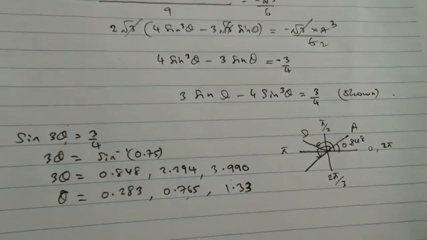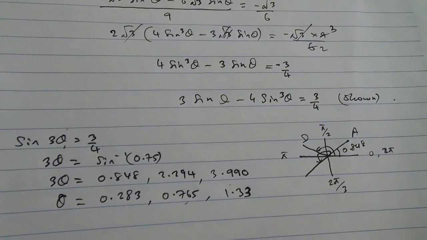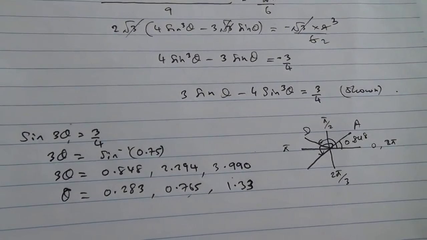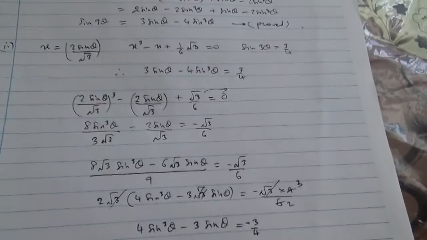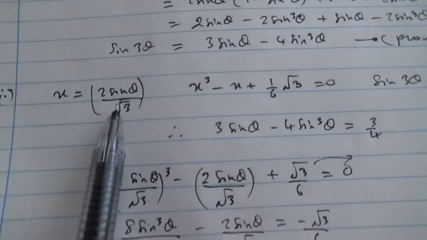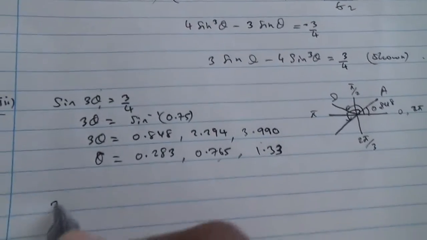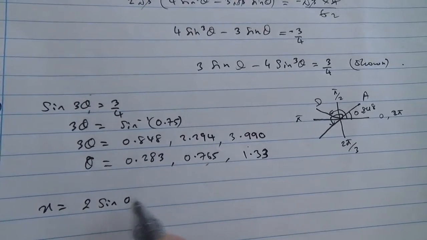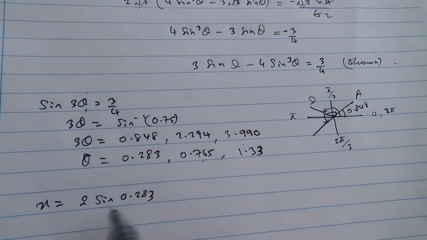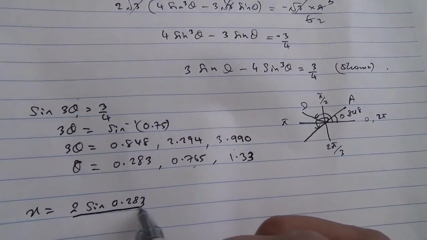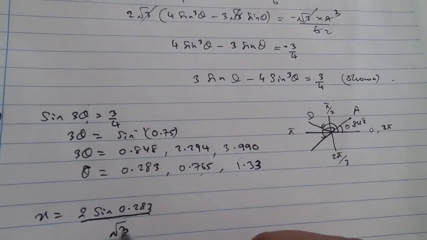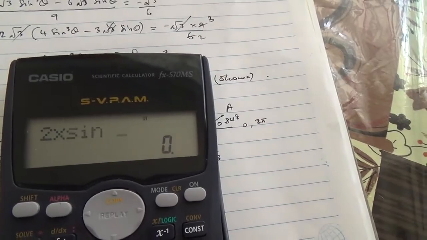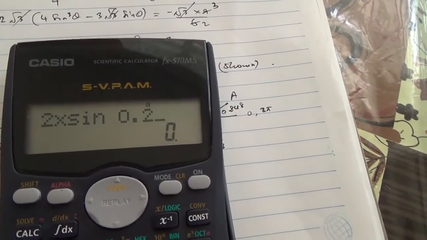But what is x? Now we were told that x is equal to 2 sine theta over root of 3. So the first value of x is going to be 2 multiplied by the sine of 0.283, divided by root of 3.